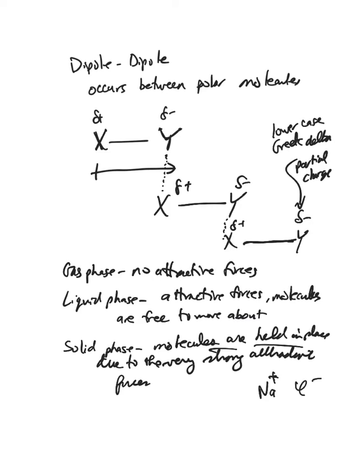And so, going back to looking at liquid phase versus solid phase versus gas phase, one of the ways that we measure the strength of the attractive forces is by the boiling point, or the melting point. And the greater those values, the greater are the attractive forces.